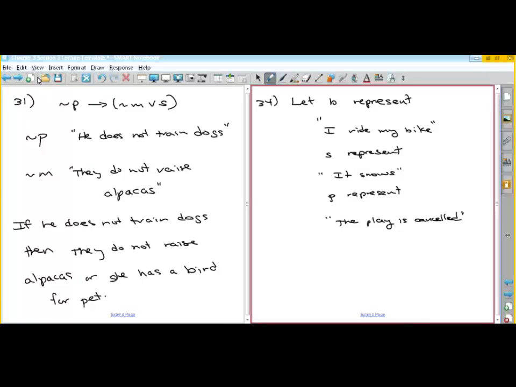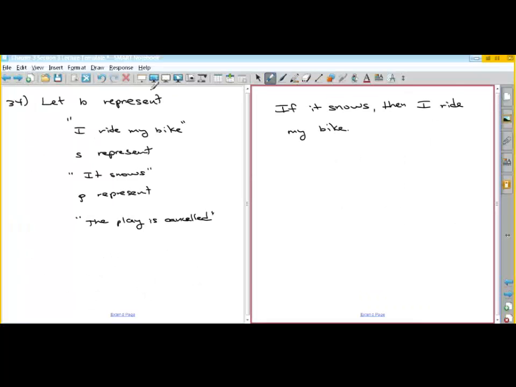Let's see, this is 34. These are three new statements. B is I ride my bike. S represents the statement it snows, and P represents the statement the play is canceled. So what we're going to do in this case is go from the written if-then statement to using symbolic logic.